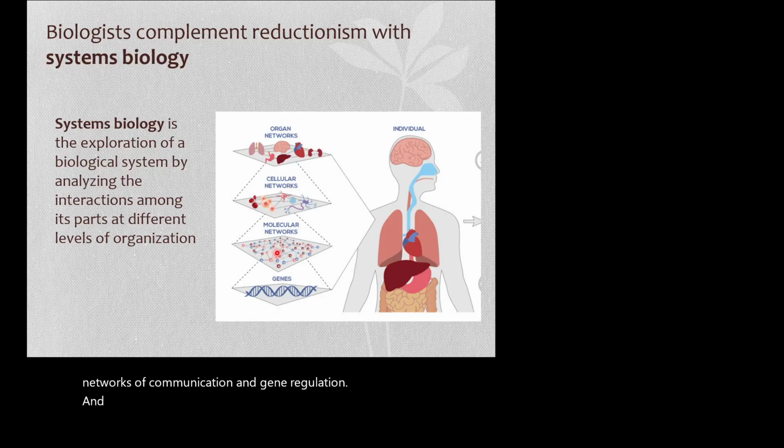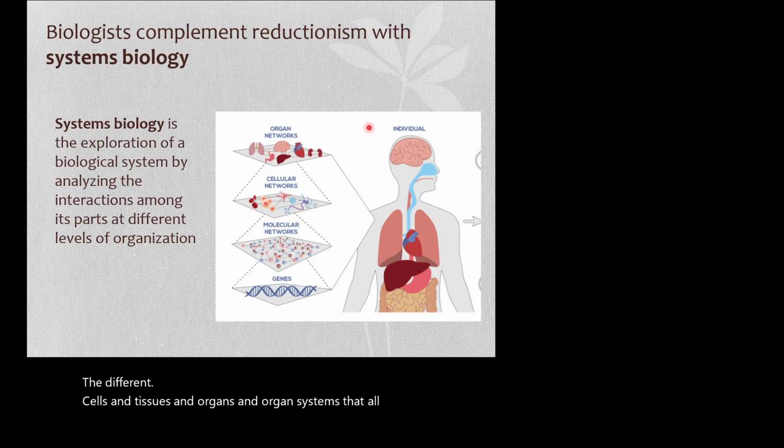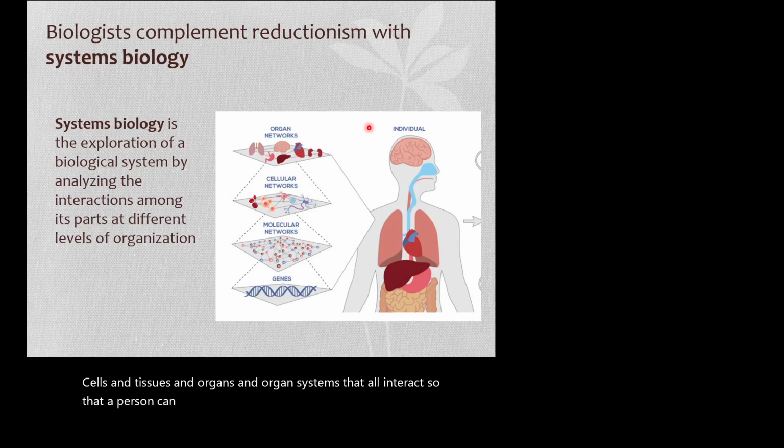And they code for the different cells and tissues and organ systems that all interact so that a person can survive. So if one of these levels wasn't working properly, like if there was an error with the DNA, a mutation, for example, it could affect the entire way that the system works.